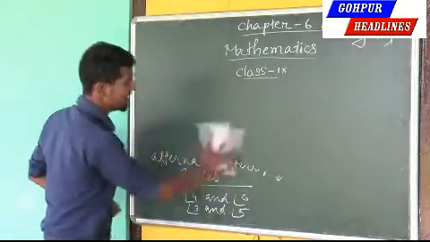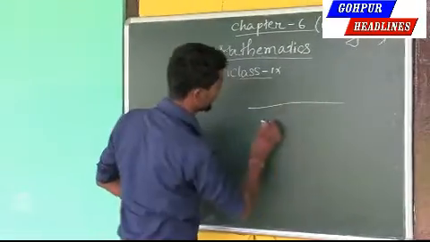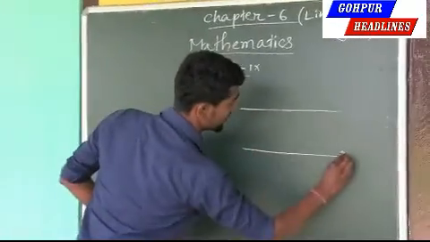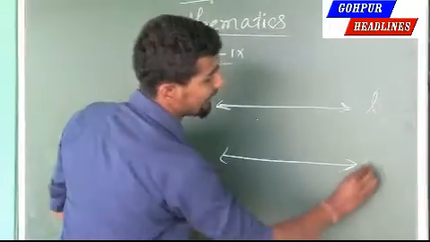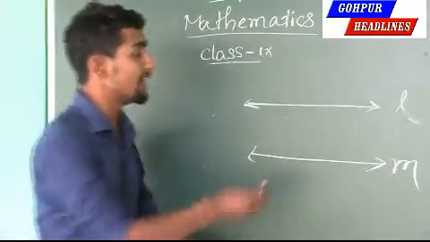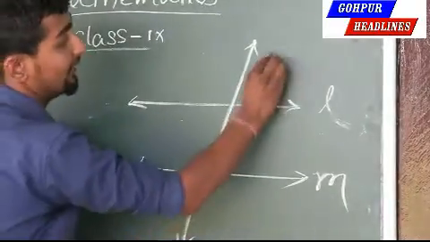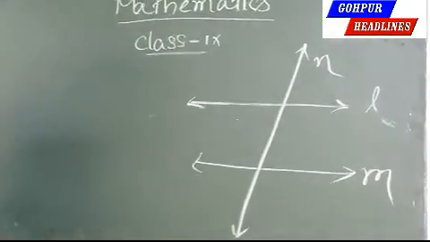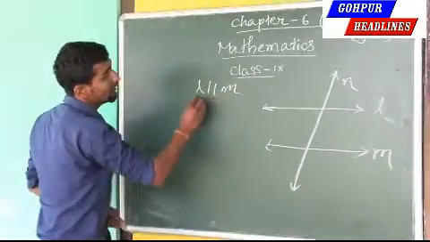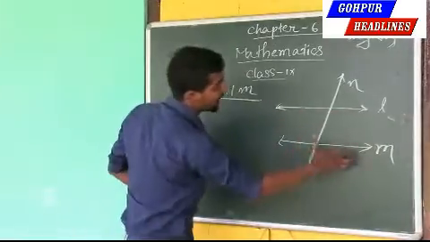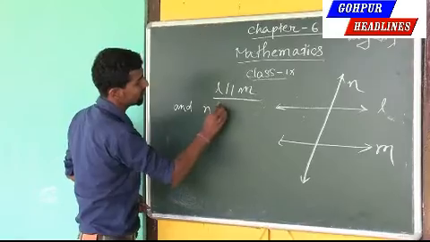Suppose we consider L and M, these two are parallel lines, and N is a transversal there. So L is parallel to M, and N is the transversal.